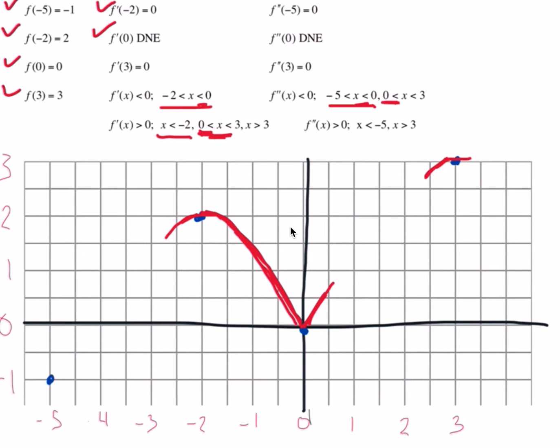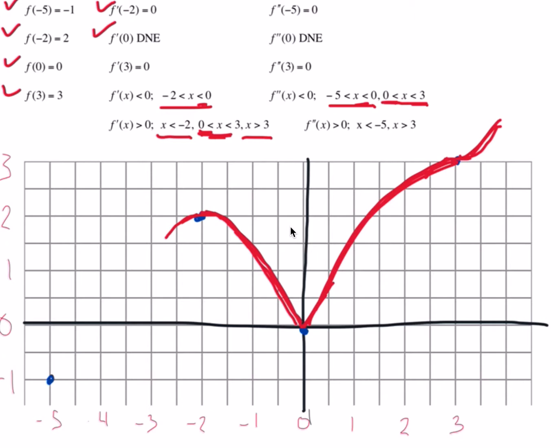We also see from 3 onward, it is positive. So it looks like it levels out and then continues up. And our concavity information tells us that from 0 to 3, we are concave down. Okay, so we can kind of continue our picture here.